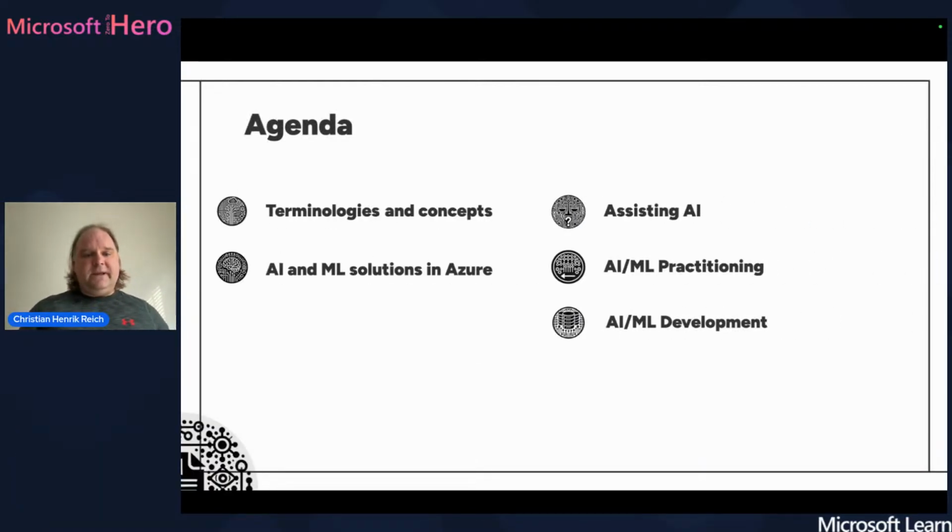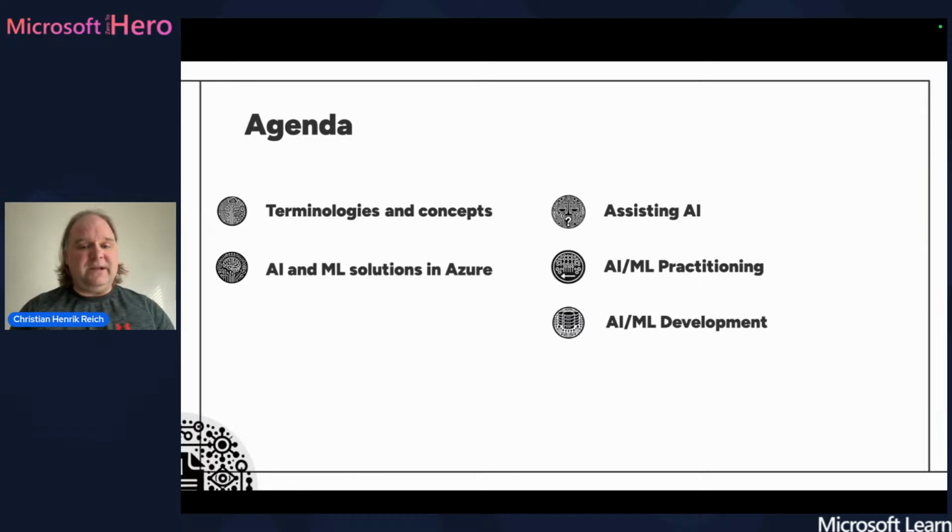So the agenda is we are going to speak about some terminologies and concepts. And then we are going to look at the AI and machine learning solutions in Azure as a whole, and how they support each other, because that's perhaps the way we need to look at it now compared to 2 years ago. And we also have to acknowledge that the world looked completely different 2 years ago.